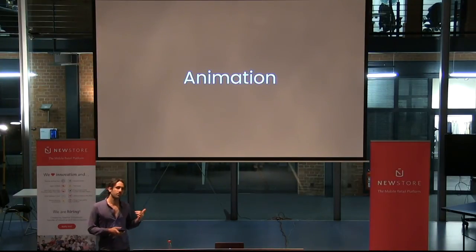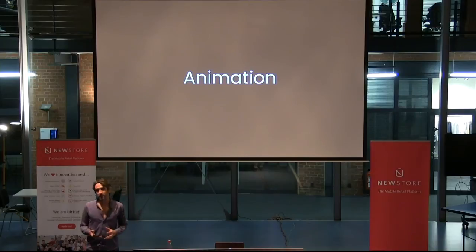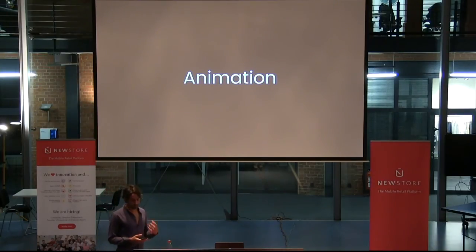Differing from perhaps web applications, we have a lot more animation because we have more gestures. We're doing more things on the device, so we have to deal with what the feedback is going to be like on these. So these animations have to be more performant and more reactive than on the web.